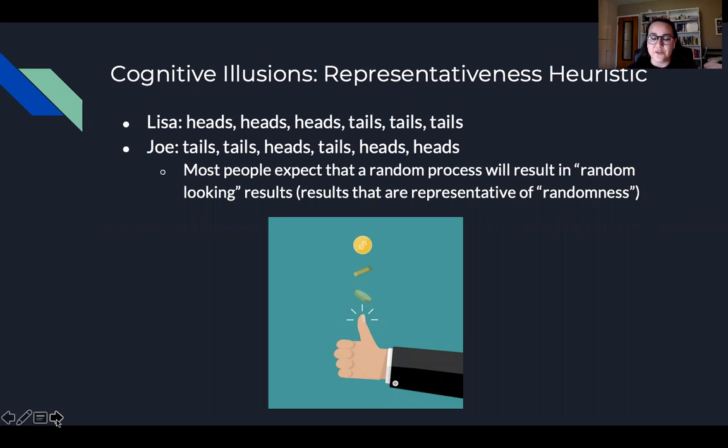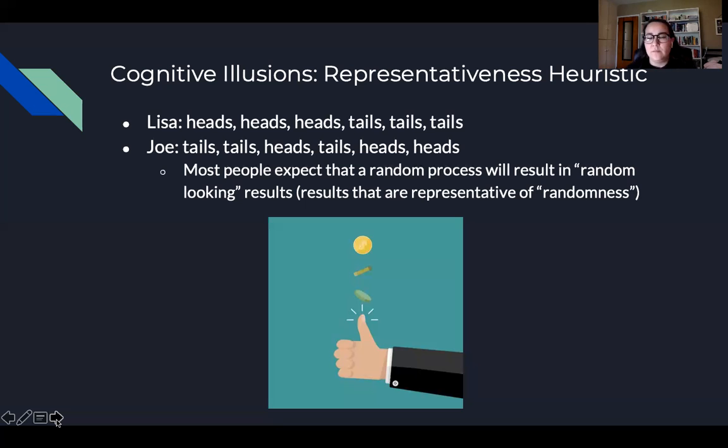There's less predictability to it, and it's more random looking. But in fact, like Noah pointed out, the outcomes are equally likely. Across 6 of these trials, both Lisa and Joe got 50% heads and 50% tails. And this is the probability that we would expect over time.